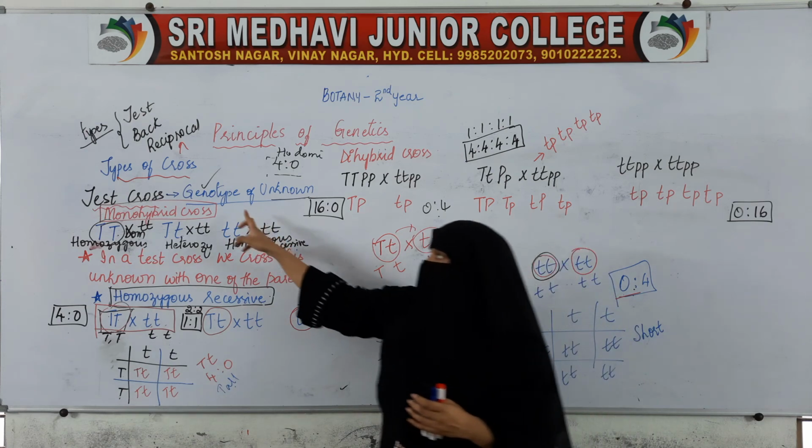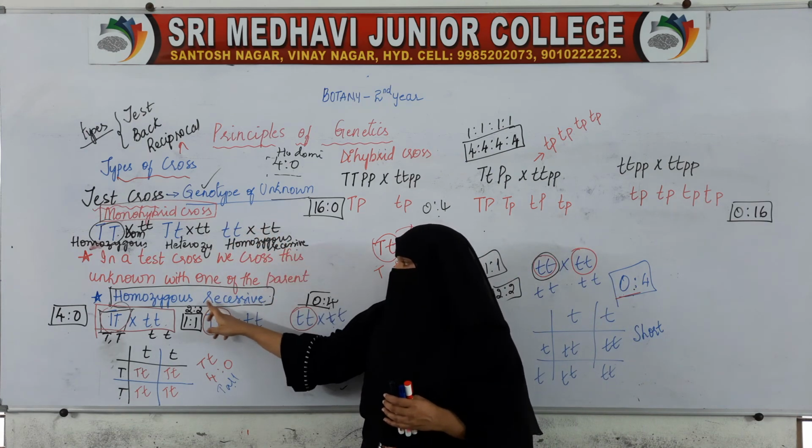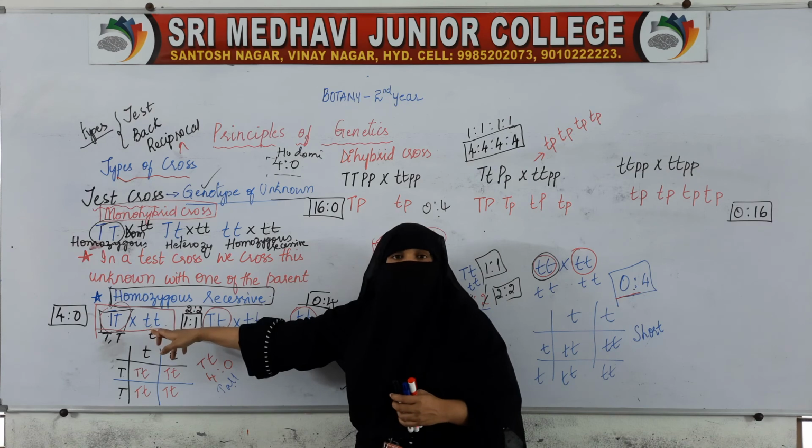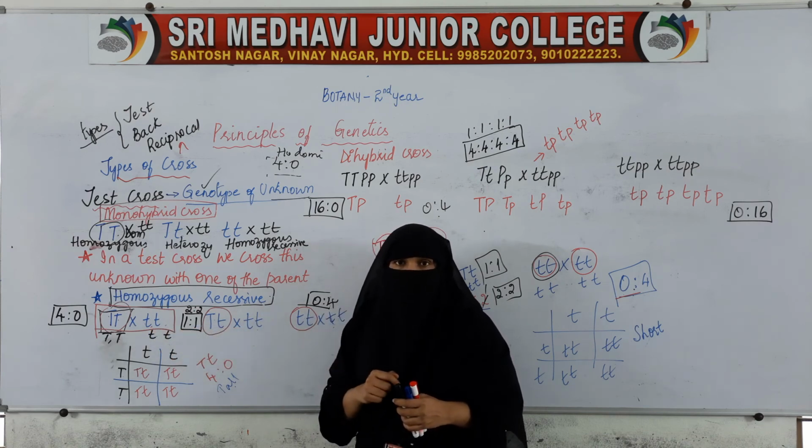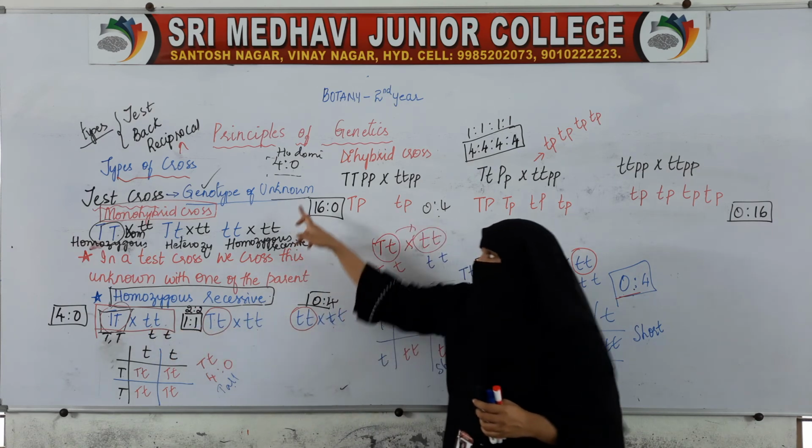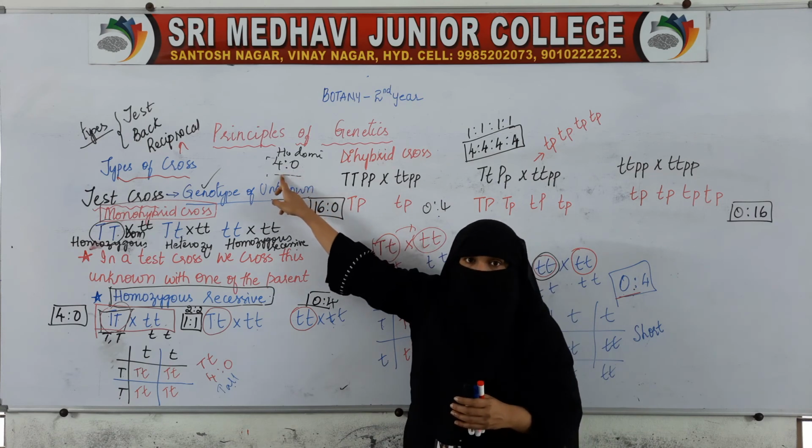So in this test cross, we always cross the known genotype with the homozygous recessive. Only the ratio will be given.